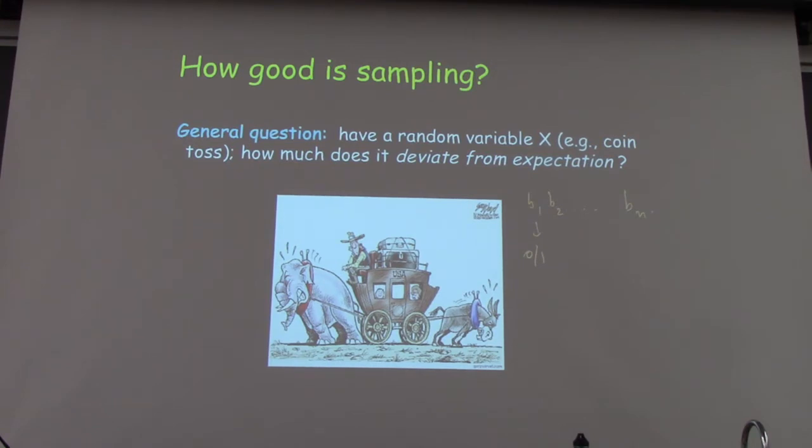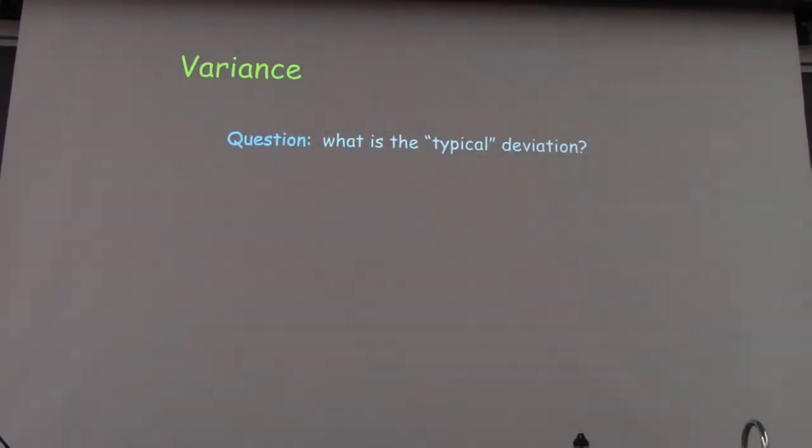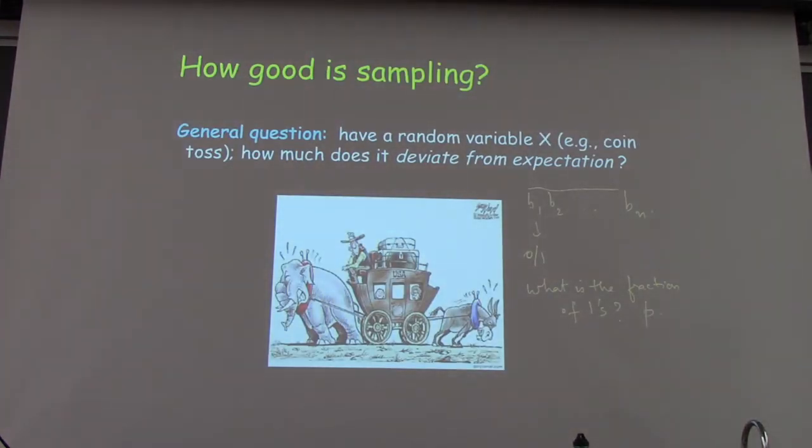And let's say you want to figure out what is the fraction of these bits that are equal to 1. So the question is, what's the fraction of 1s? Suppose this fraction, I call it p. So p is the fraction of 1s in this array. Now, if I pick a random sample from this array, what's the probability that you find a 1?